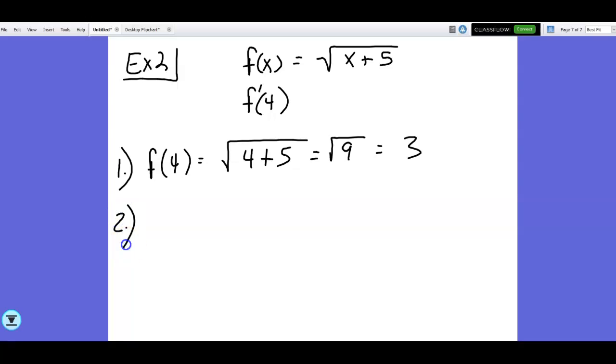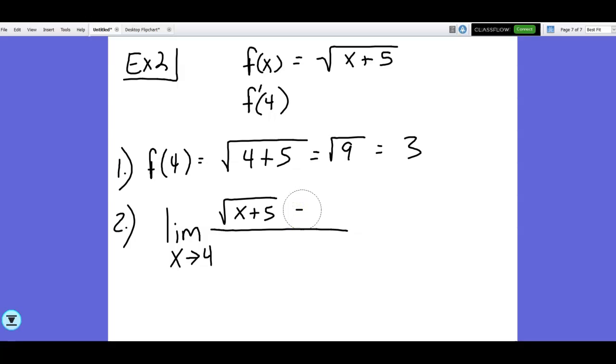All right. Step 2, let's do our alternative form of the limit definition. So it's going to be the limit as x approaches what? 4. That's the c value. And then we have our function, f of x, which is the square root of x plus 5, minus our f of c value, f of 4, which is 3.